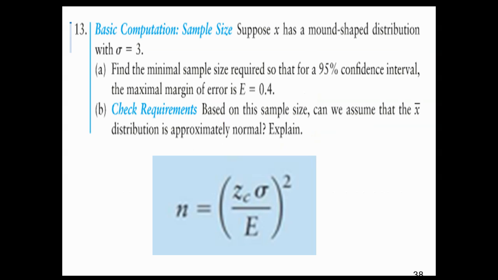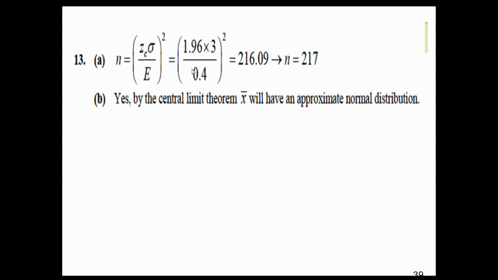All right, this one here we're asked to find the sample size so that we're 95% confident. He gives us the standard deviation of 3. He tells me what my error is. I need this value 3, I need the error, and then all I need to do is find the z-score associated with a 95% confidence interval. The z-score associated with 95% is 1.96.